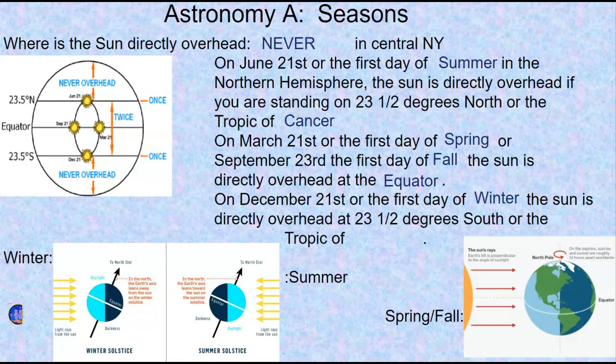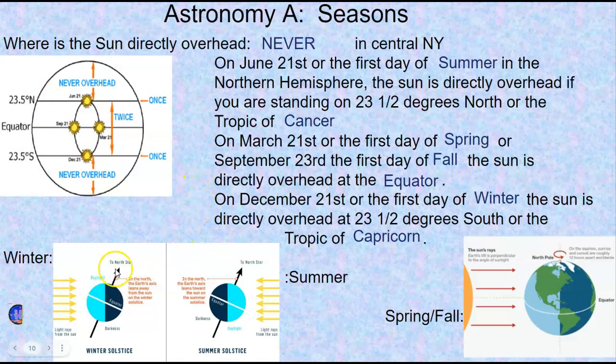So north, hot summers, Tropic of Cancer. South, winter, cold, December, that's going to be the Tropic of Capricorn. Again, you can see these tropics and what degree they are on page 4 of your reference table. And you can see right here, June 21st. Right here is December 21st. Those are the same days.